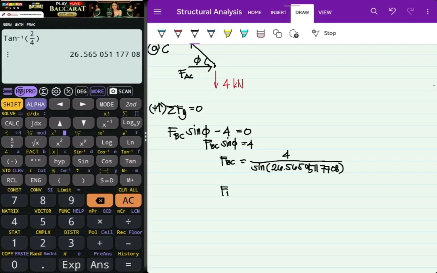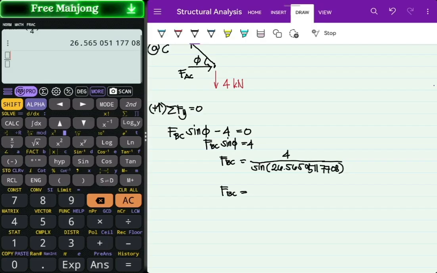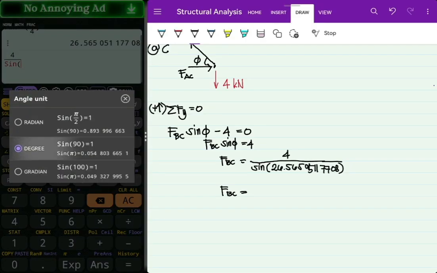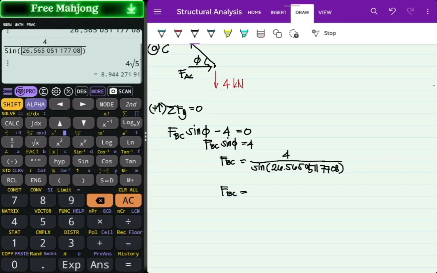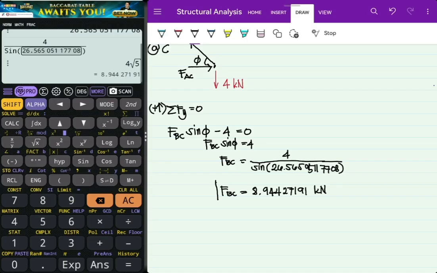Therefore, force BC is equal to 4 divided by sine of the answer, in degrees, and this is 8.944279191 kN. Don't forget the unit, and don't forget to box your final answer.